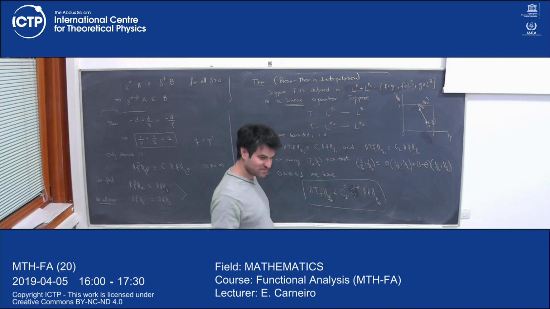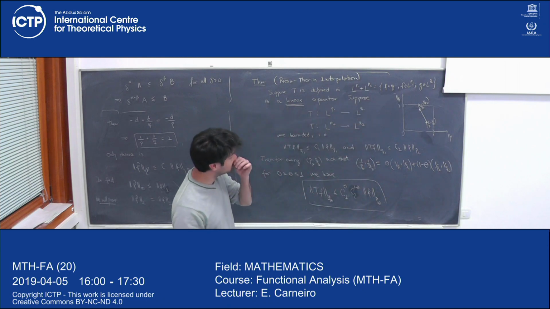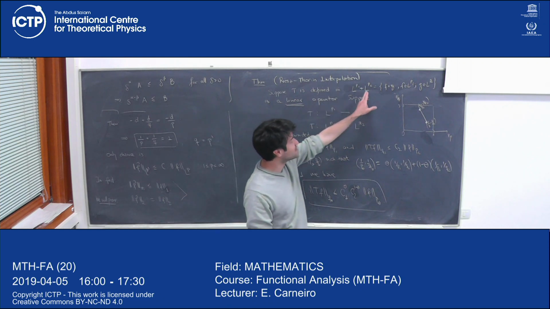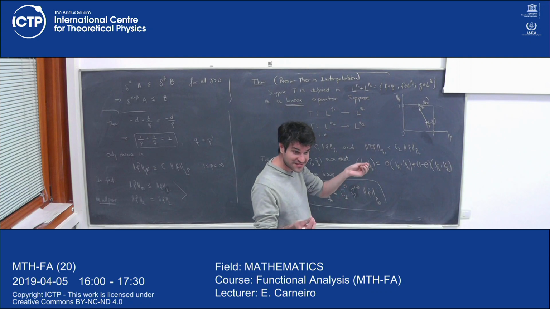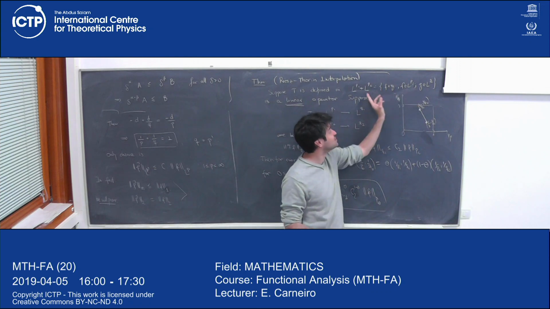Perhaps this is more illustrative. Suppose your operator is defined on functions that are in LP1 and functions that are in LP2. If you consider the sum of these two spaces, this is the space of f plus g, where f is here and g is here.